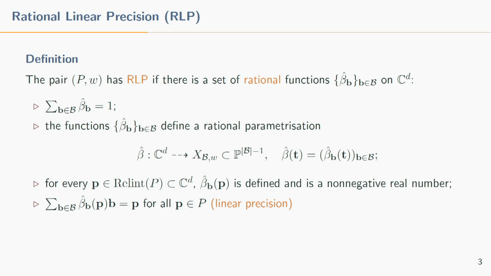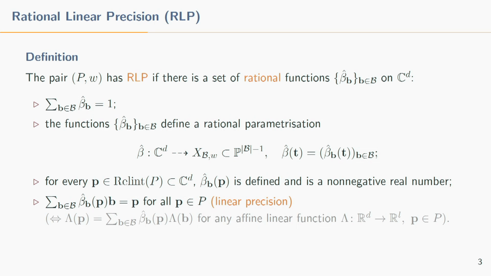And they satisfy this property of linear precision. This can be rewritten as: for any affine linear function lambda, this satisfies affine invariance. So we can plug in a lambda here, apply lambda to all the points, and then these things are equal. So with this patch, we can replicate all affine linear functions. That's why this property of linear precision is really important and something we want to achieve.